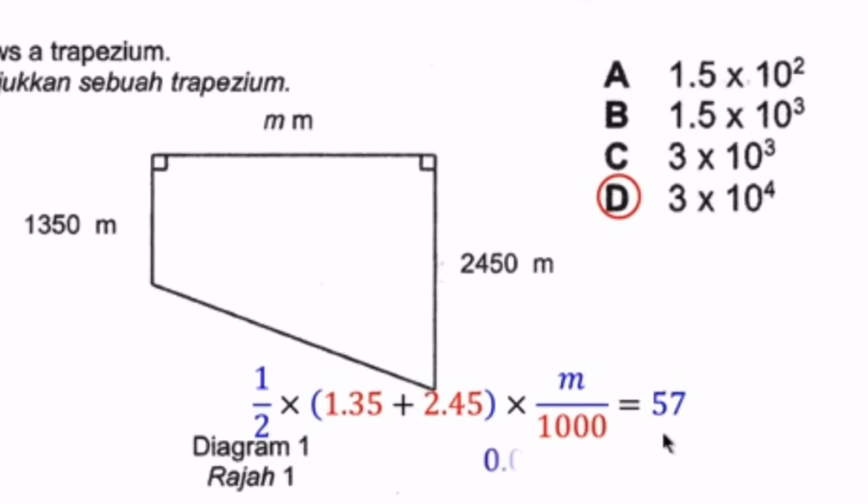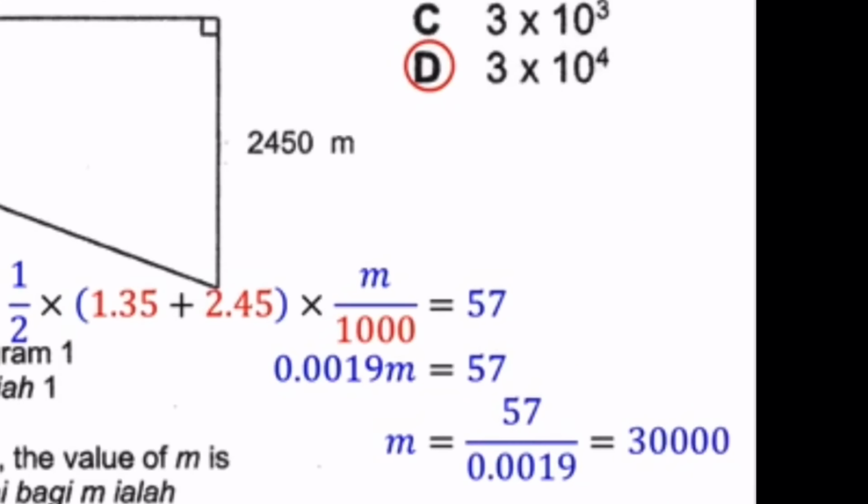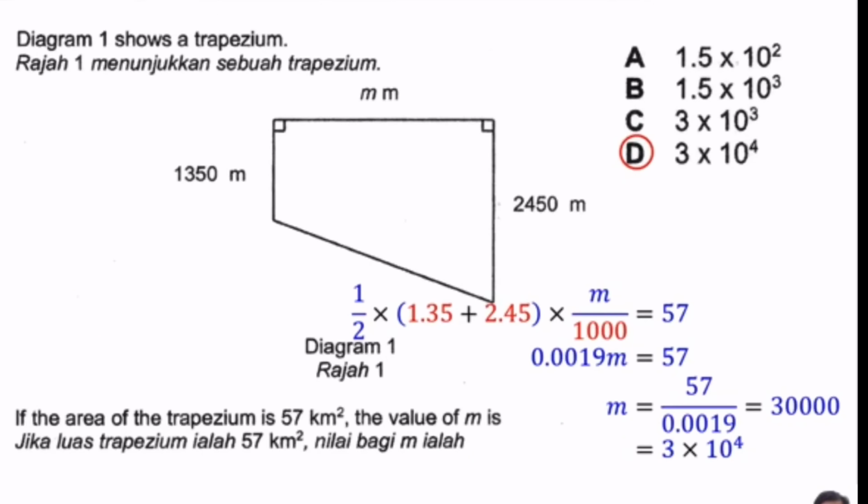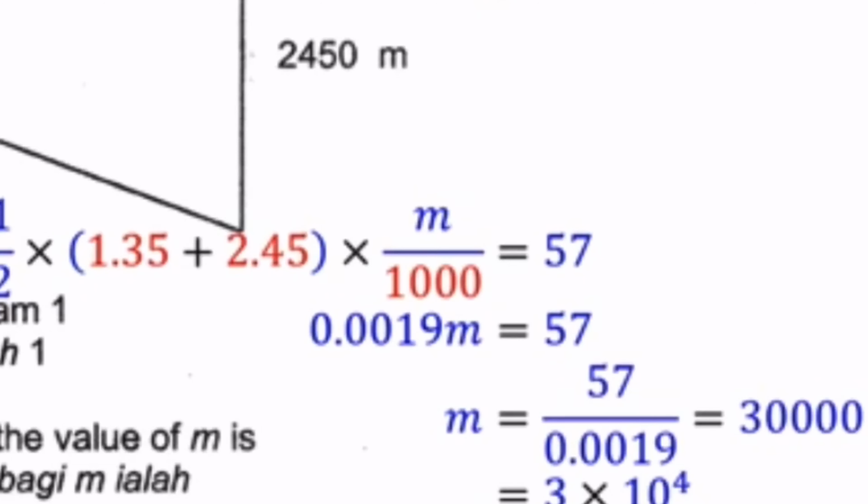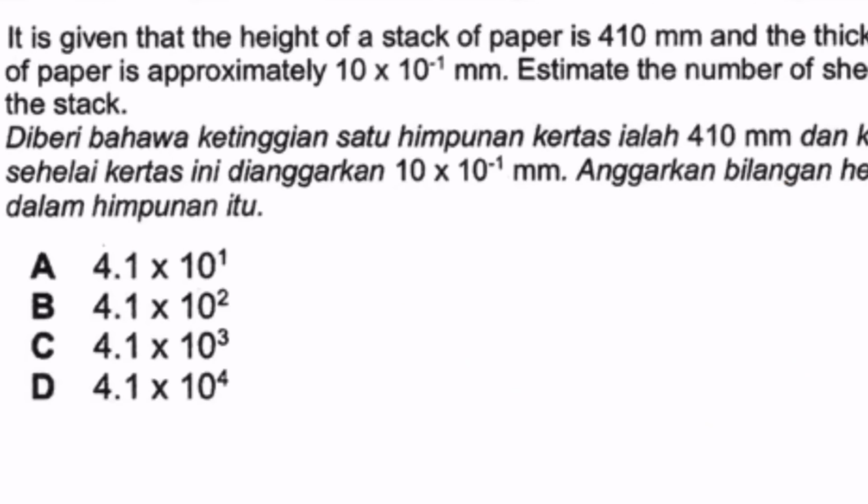And the height actually is the distance between the two lines that are parallel to each other, which is m. Then you just simplify carefully. You will get the answer 3 times 10 to the power 4. Let's proceed to the next question.